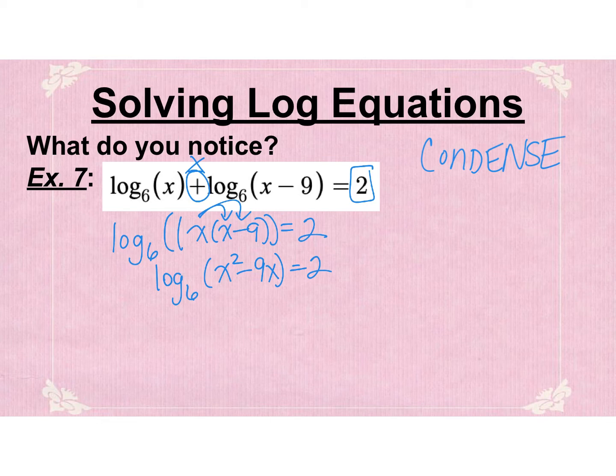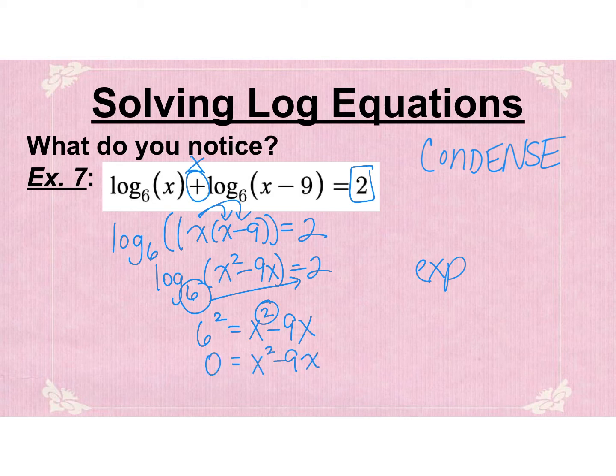I can go to exponential form. So start with your base, go to your answer. So this becomes 6 squared equals x squared minus 9x. I can see it's quadratic, so I'm going to set it equal to 0. And then we're going to factor, so it's minus 36. So I'm trying to think of two numbers that multiply to negative 36 and add to negative 9.